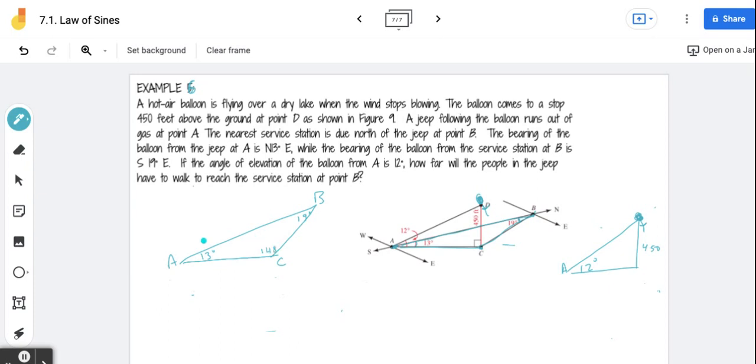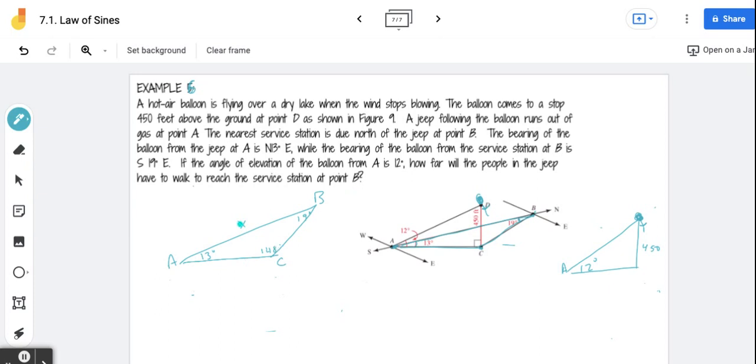And this is what I'm trying to find right here. I'll call it X. So I'm trying to find AB, the distance from the car to the service station. This is just on the ground. So if you just take the two triangles apart, this one is elevation. It's perpendicular to the ground, and this one is completely on the ground. So that's what makes this whole diagram look so confusing.